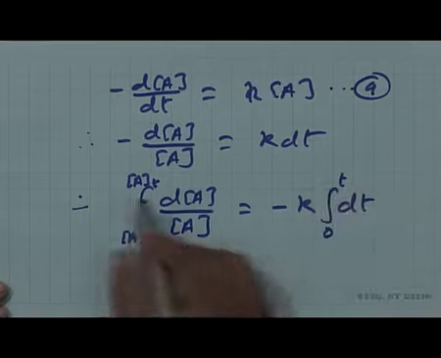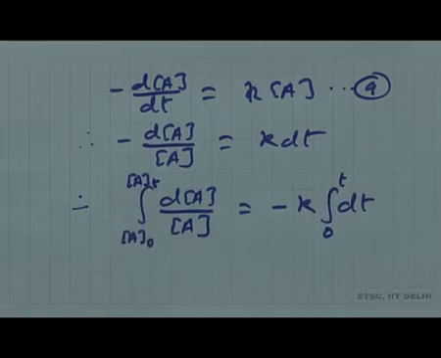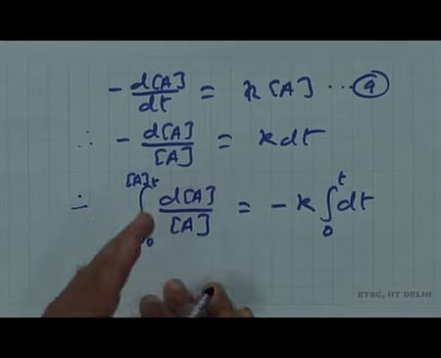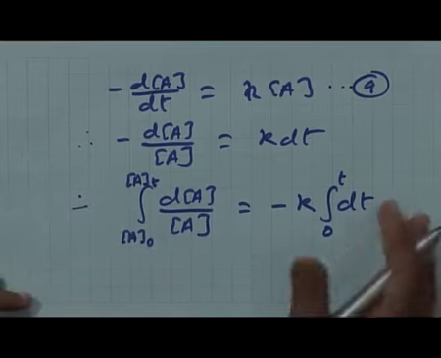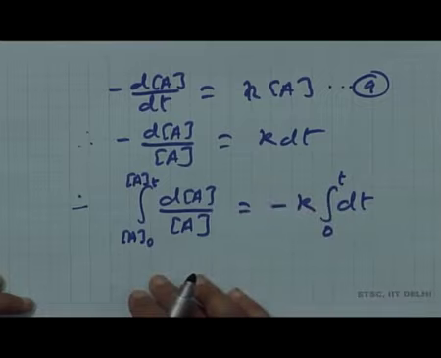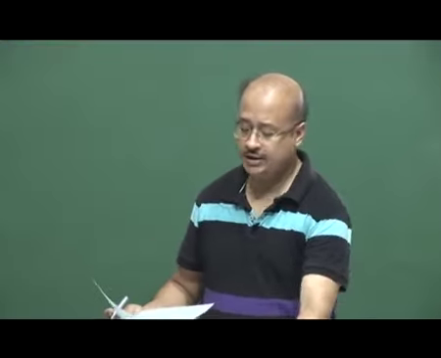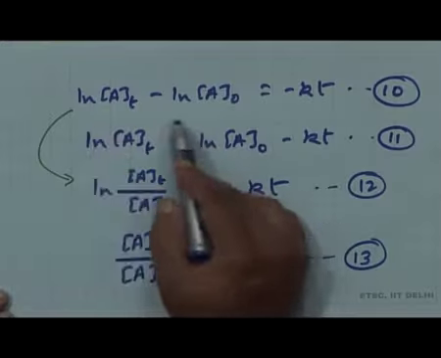At t is equal to t, the concentration of A is given as concentration of A t. We integrated within these limits, right. The one on the left hand side is a logarithmic integral, a standard integral. The other on the right hand side is just k times t, okay, and hence what we get is an expression like this, right.